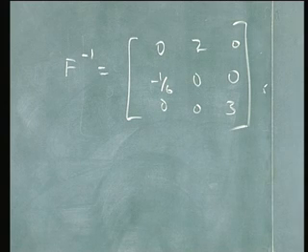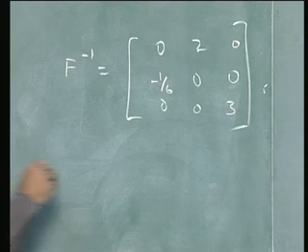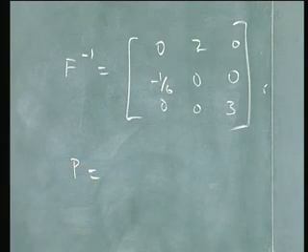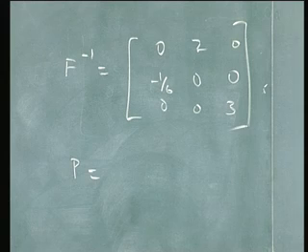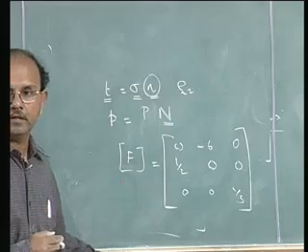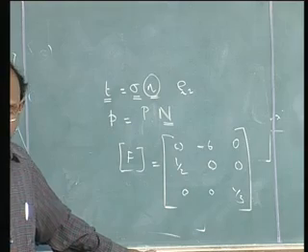So you have to calculate F inverse transpose and then calculate P. Of course, determinant J I think happens to be 1. Calculate the determinant of F, that is equal to J is equal to 1. So calculate P now.